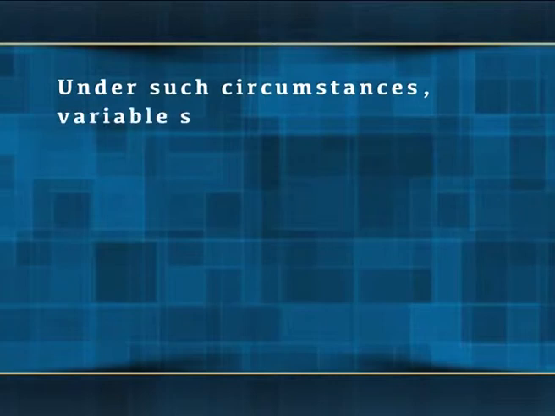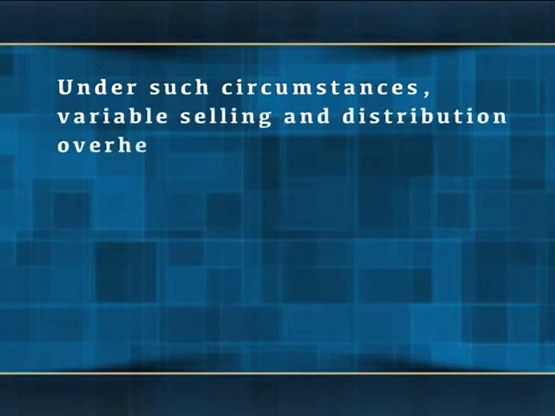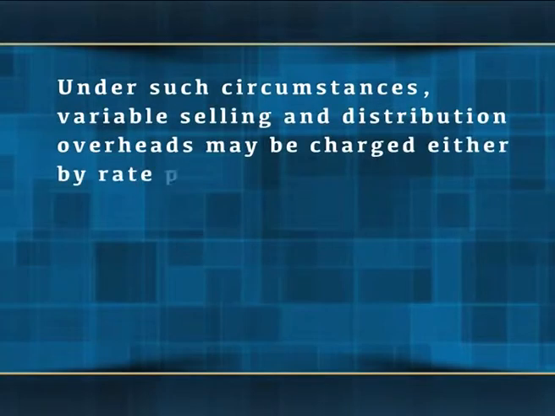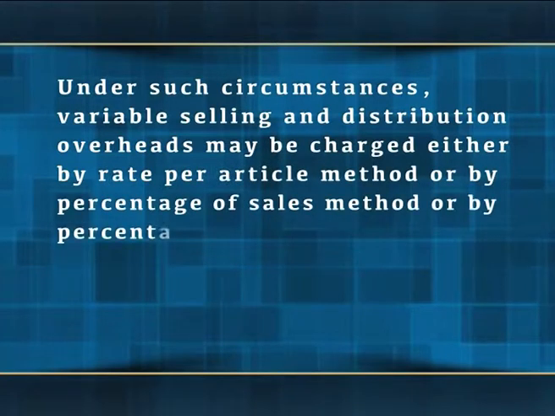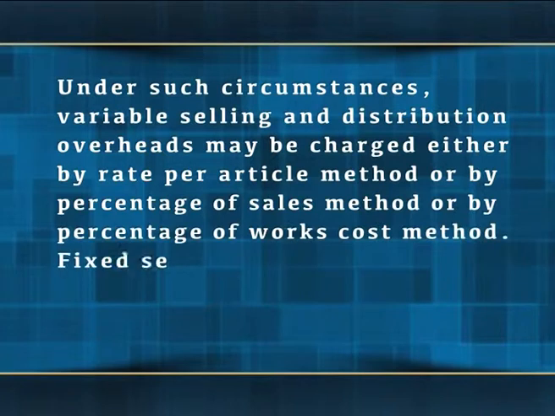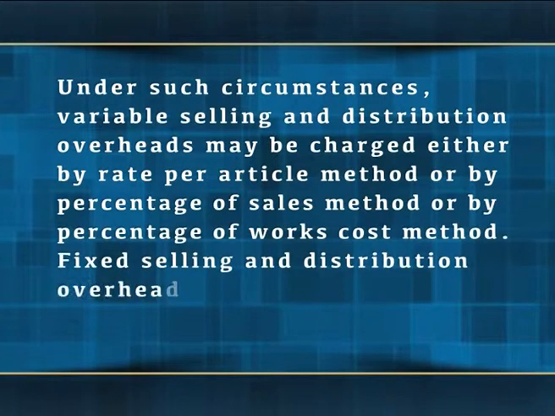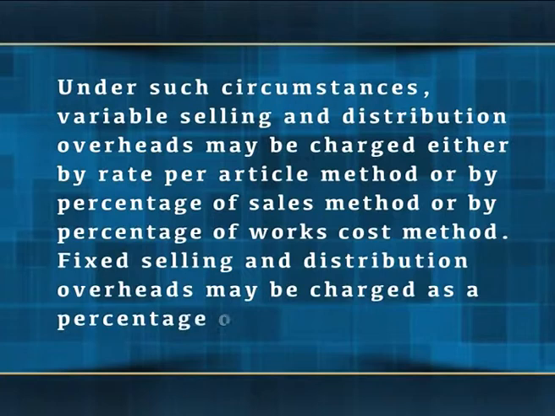This method is used in cases where distinction between variable and fixed selling and distribution overheads is to be made. Under such circumstances, variable selling and distribution overheads may be charged either by rate per article method, or by percentage of sales method, or by percentage of works cost method. Fixed selling and distribution overheads may be charged as a percentage of works cost.